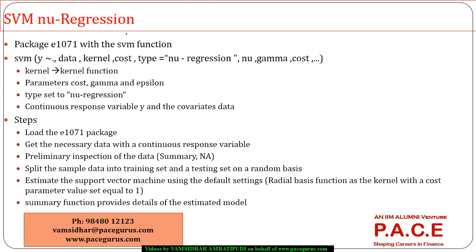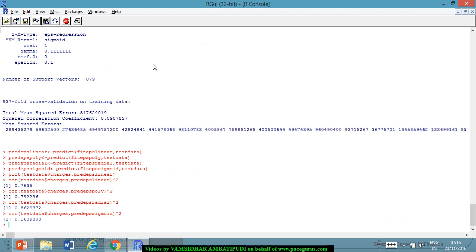The same logic I can execute for nu regression, right? Everything is the same. I don't want to go through this slide again because everything is exactly the same. The only difference is instead of the type being set as EPS regression there, I am setting it as nu regression.